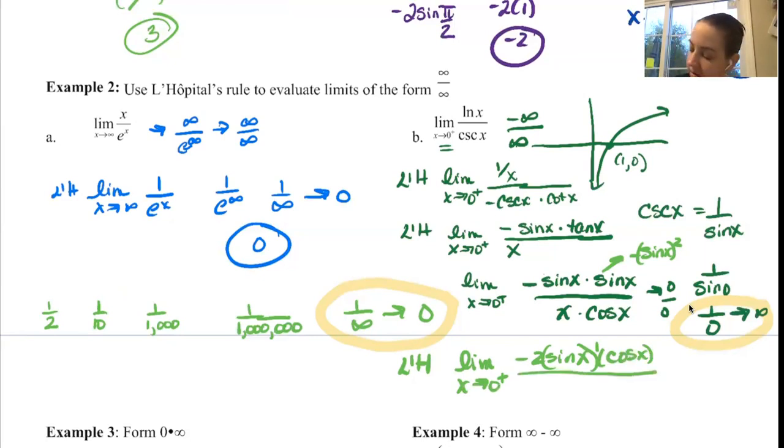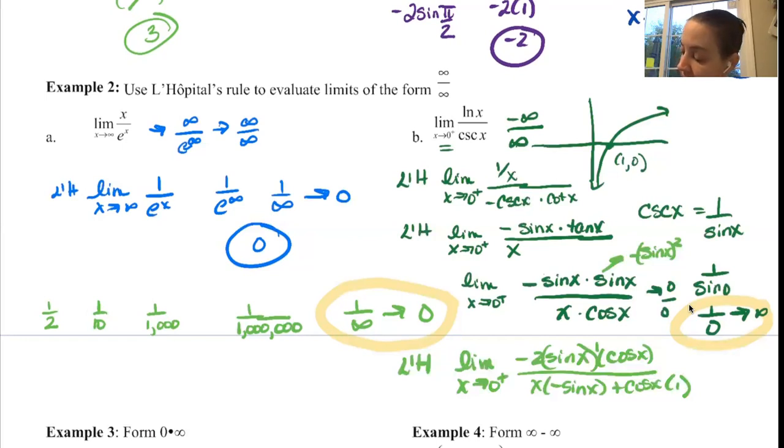The bottom is a product rule. There's no way to get around that one. So it's first derivative of the second plus the second derivative of the first. Okay. Hoping we can do a little bit of work here without having to do L'Hopital again. So let's put the 0 in and evaluate. Sine of 0 is 0, which is great news. Cosine of 0 is 1.